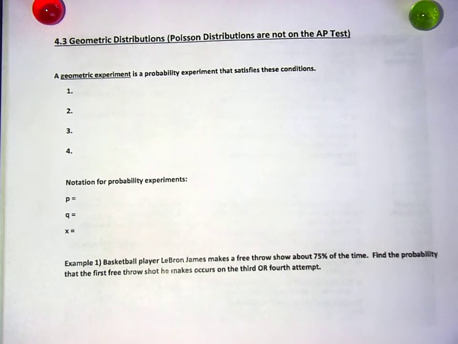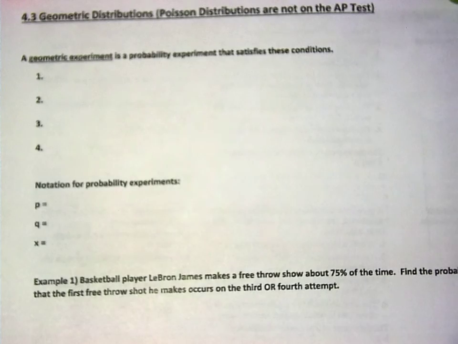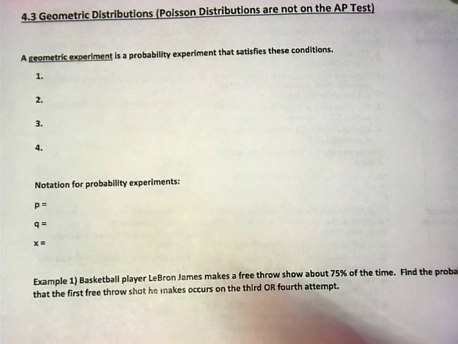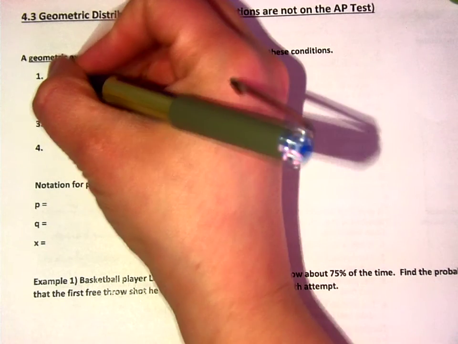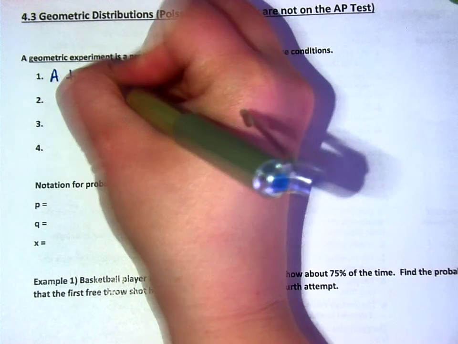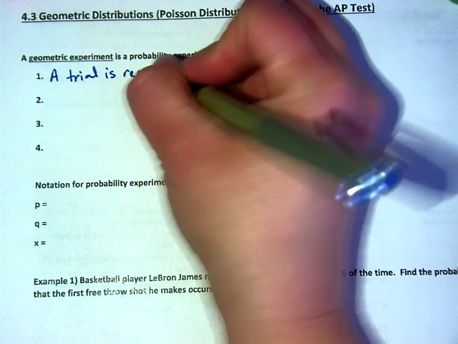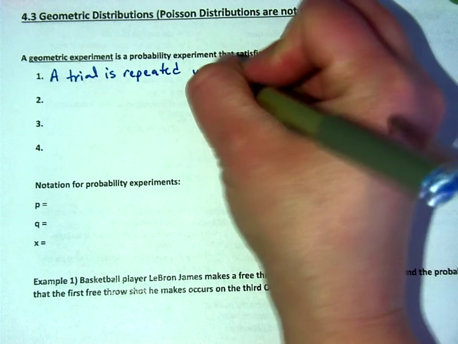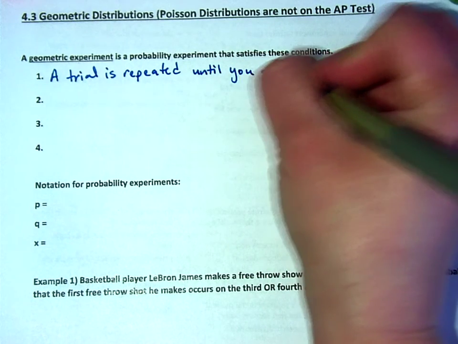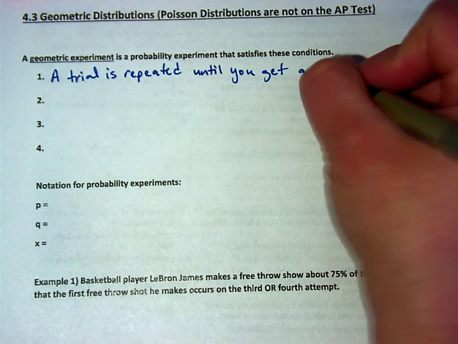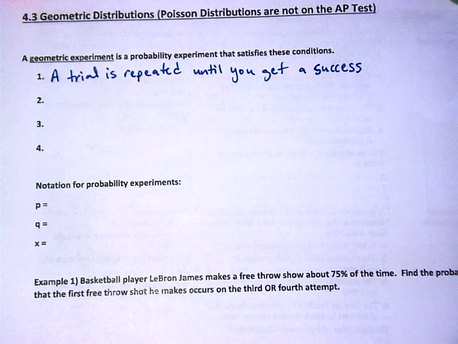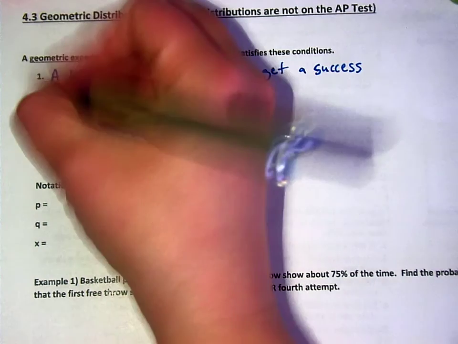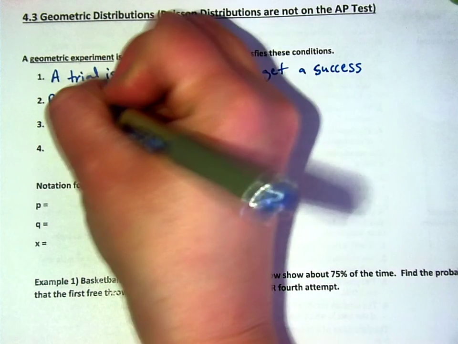Okay, so we've already done binomial experiments, and now this is geometric. A geometric experiment satisfies these conditions. Instead of a set number of trials, a trial is repeated until you get a success. The repeated trials must be independent of each other.